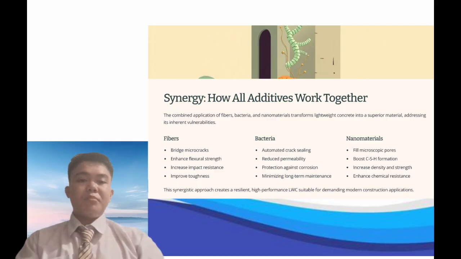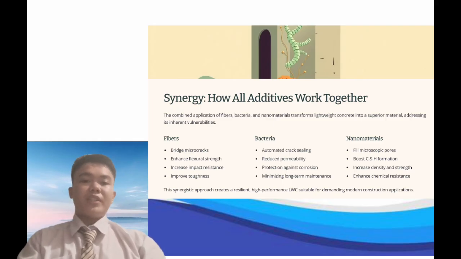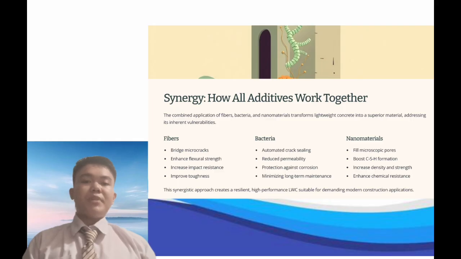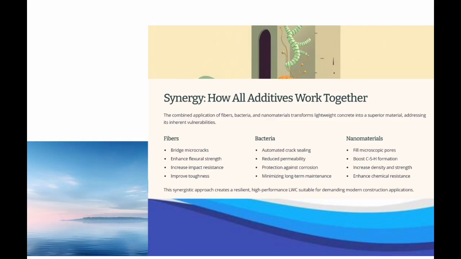Fibers such as polypropylene, basalt, or alkali-resistant glass help lightweight concrete resist cracking by bridging microcracks and distributing stresses more evenly. This leads to notable improvements in flexural strength, tensile capacity, impact resistance, and toughness, which are especially valuable since lightweight aggregates tend to weaken the matrix.